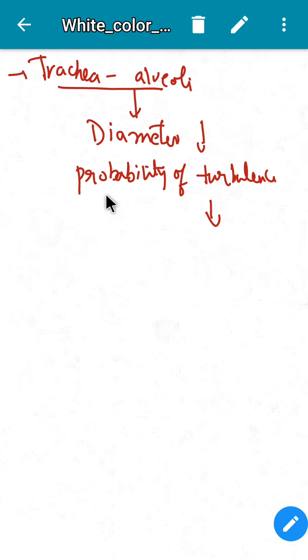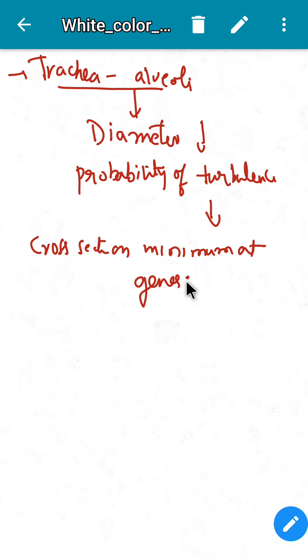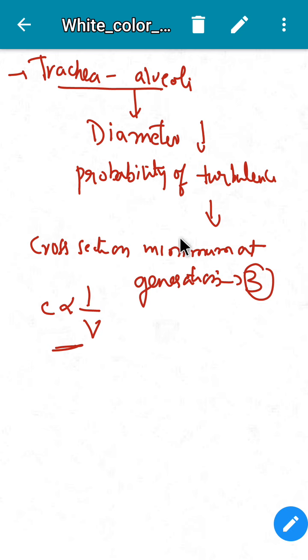The cross section is minimum at generation 3. As all of us know, cross-sectional area is inversely proportional to velocity, so the velocity of air at generation 3 will be maximum.